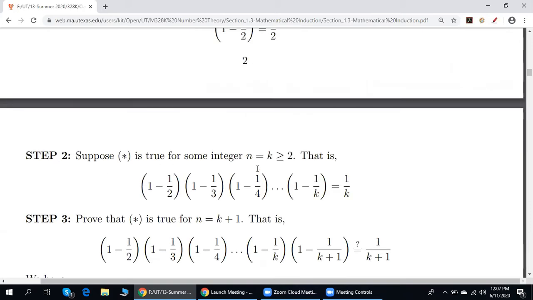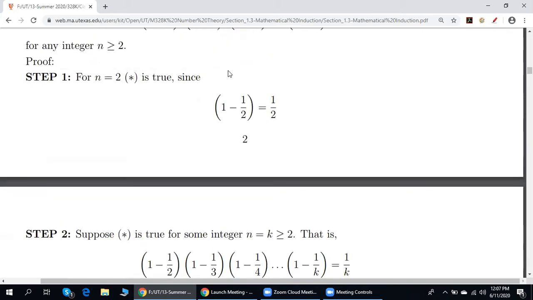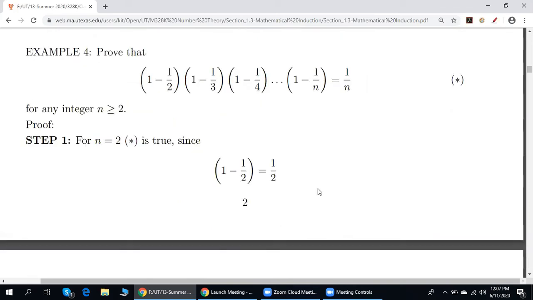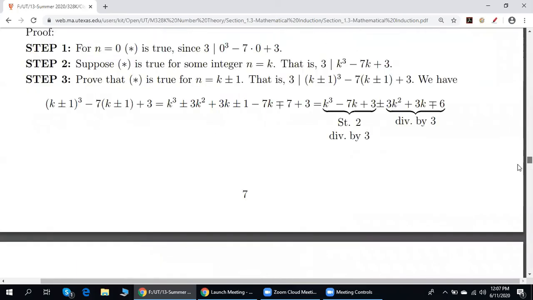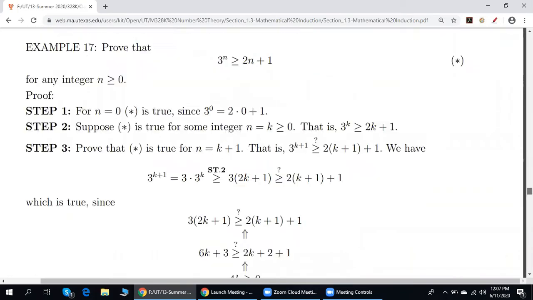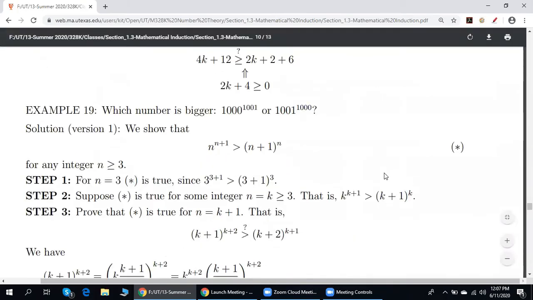Therefore, in step 2, we suppose that this is true for n equal to k, which is greater or equal to 2. Now, let us go back to our example. Over here, we want to show that this is true for any integer n greater or equal to 3. Therefore, here 3 and here 3.